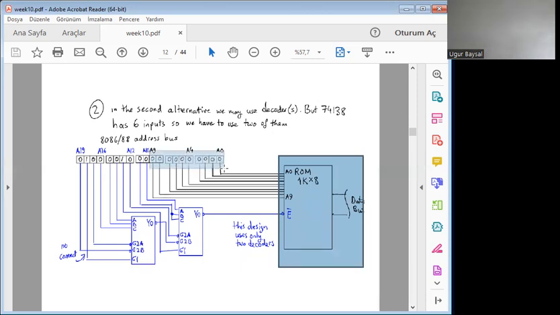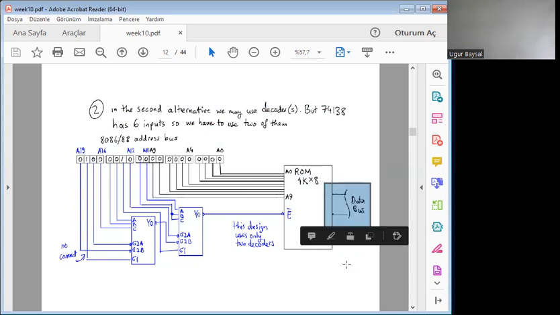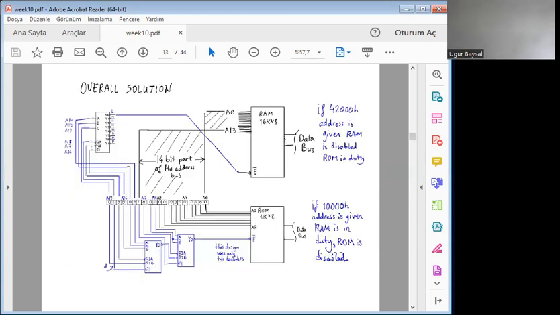And according to the address information from A9 to A0, which is 10 bits, the ROM internal addressing will be complete so that the data can be outputted to the data bus. So instead of 3 chips, we use 2 chips for decoding or the control logic for this.